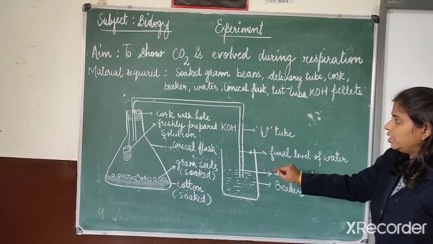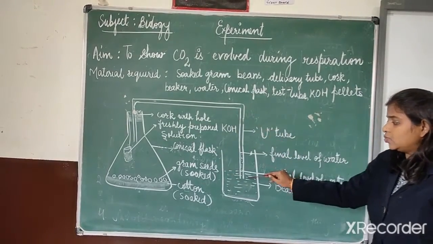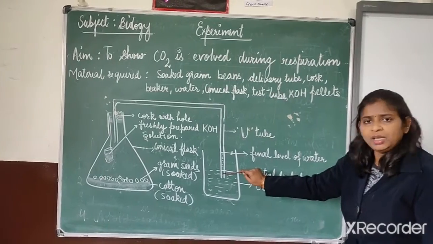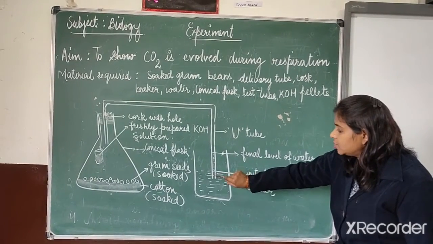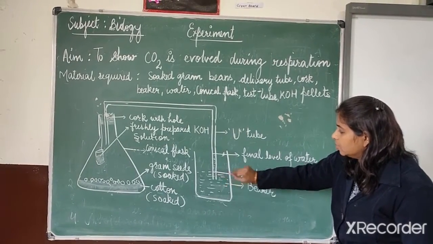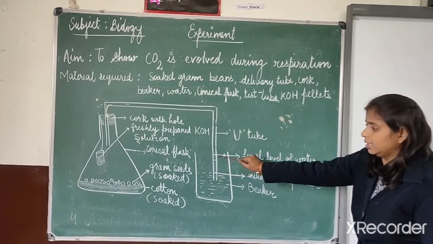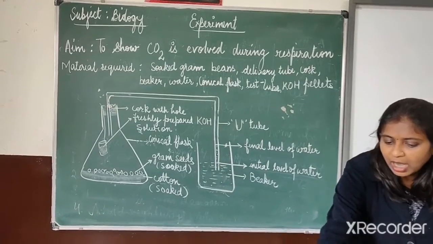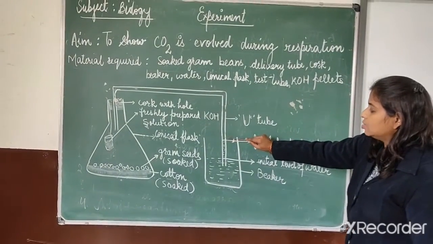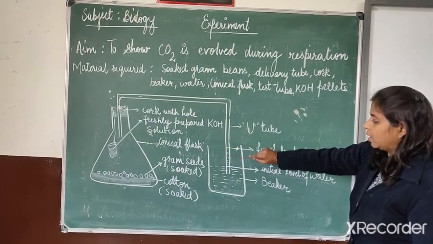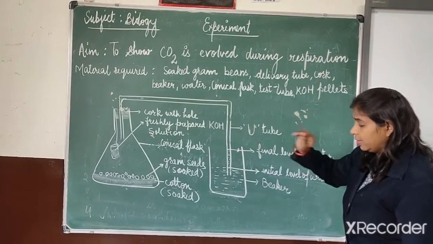Now we are going to leave this setup for 24 hours. After 24 hours, we are going to observe that the level will increase from initial to final, as you can see. Why is there a rise in level?